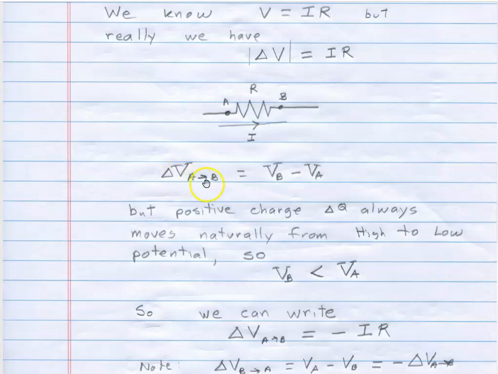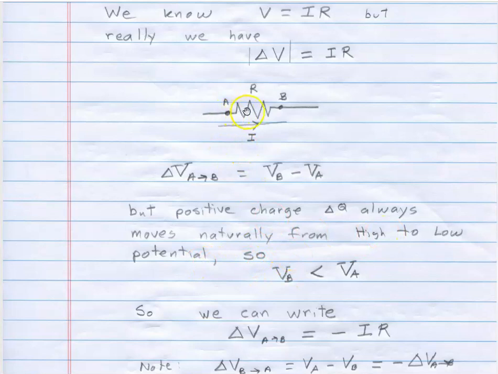And remember, the delta is always the final minus the initial. So by the time I've gone across this, the final potential really is V sub B, and the initial potential was the potential at A, which is V sub A. However, we know that positive charges, and remember we've got a current here that has positive charge delta Q flowing in this direction, and positive charge always moves naturally from high potential to low potential.